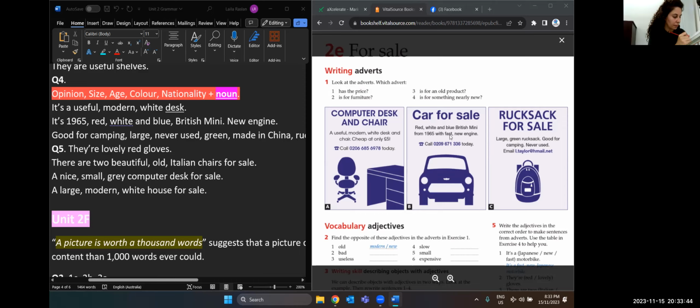No, so for the mini, I don't have an opinion. A size, well, mini, actually, yeah, you can put mini because that's its size, right? It's mini. The age, do we have an age for the car? What is it?